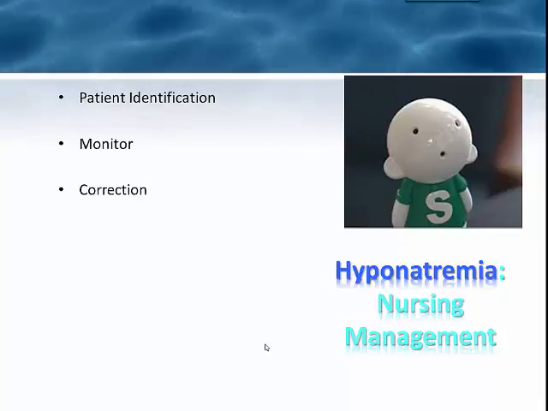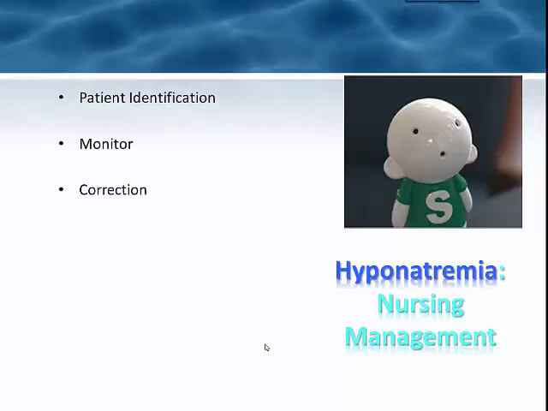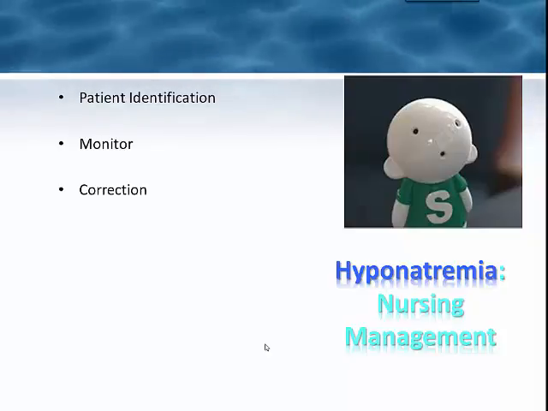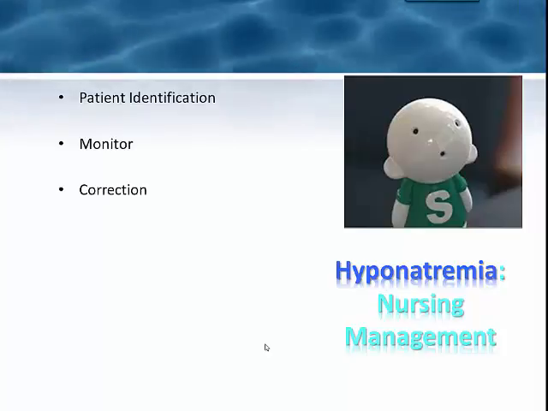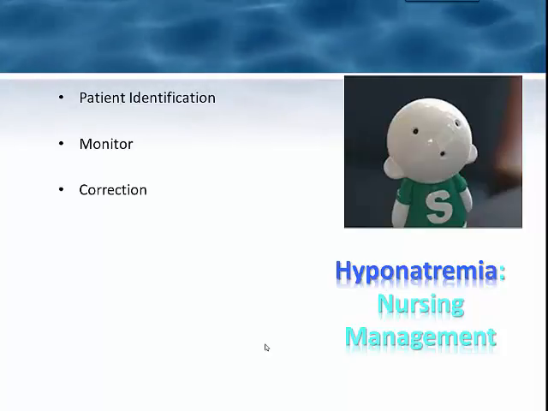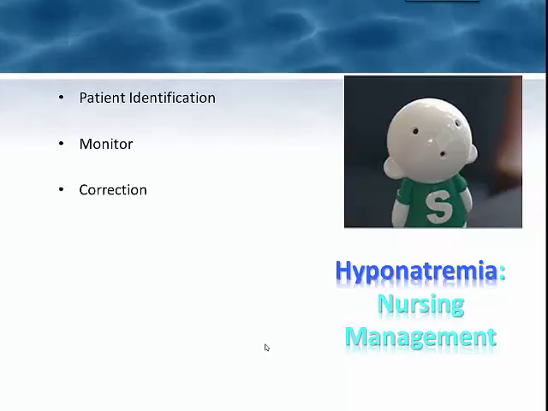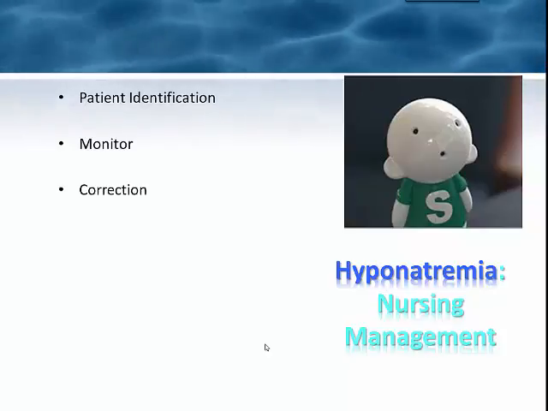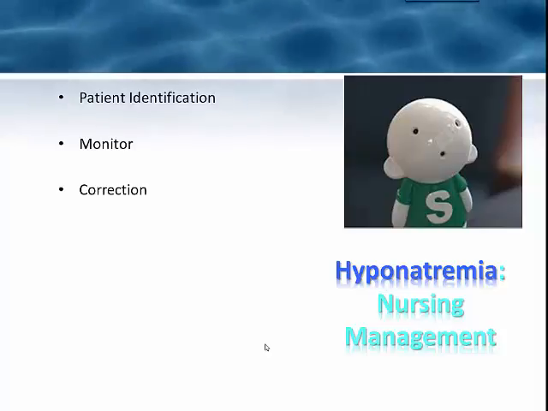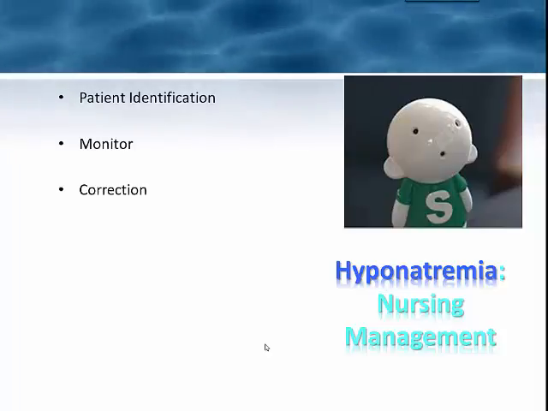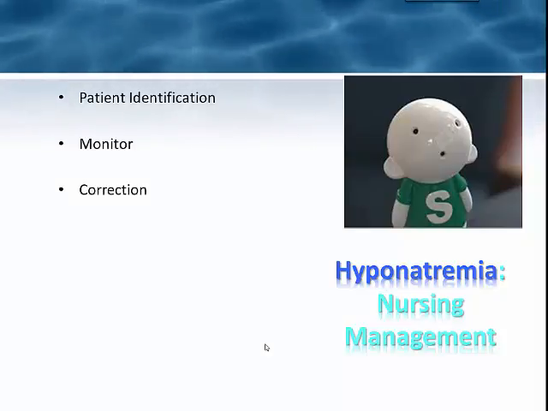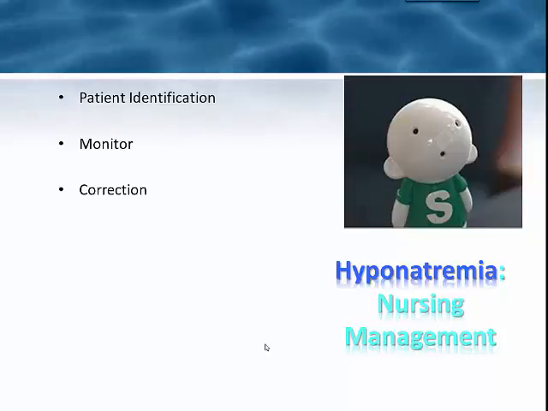So for the GI manifestations, remember, if a patient isn't eating or has excessive nausea and vomiting and abdominal cramping. We're also closely monitoring for those central nervous system changes. If you remember, lethargy, confusion, muscle twitching, seizures. And the neuro symptoms are more common with acute sodium changes, if you remember that.